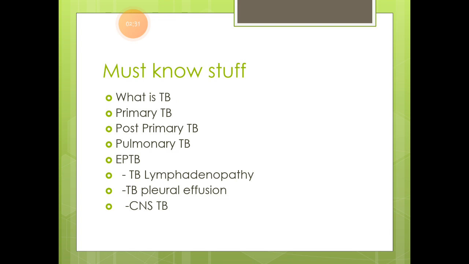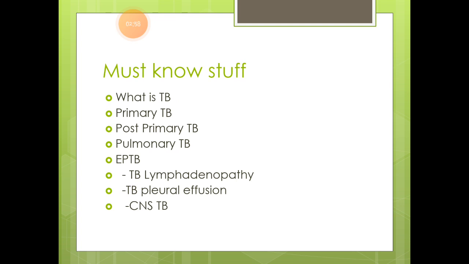In these three subtopics, what you should know is the causative organism and how it is caused, and the immunology, and likewise the clinical symptoms, and all those things. Consider extrapulmonary TB. I think you already know TB bacilli can infect any body part except for hair and nail.